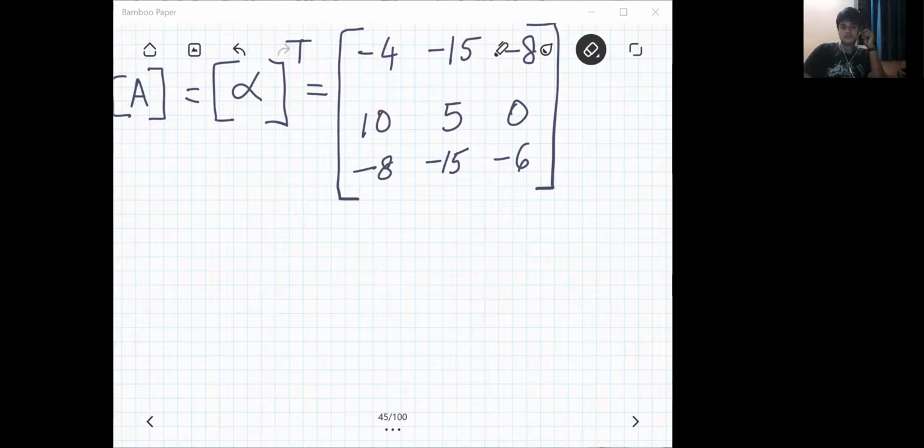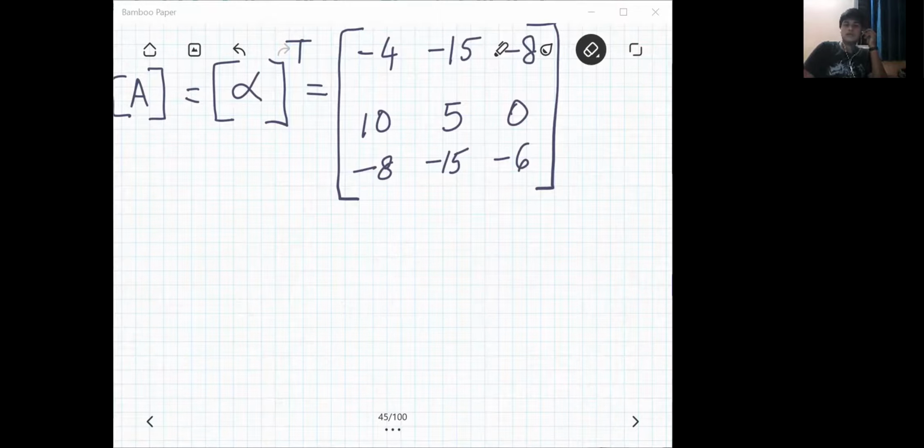So you tell me, we want to find the adjoint of matrix A. It is the transpose of alpha. What are these numbers?